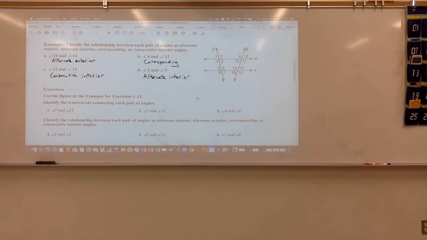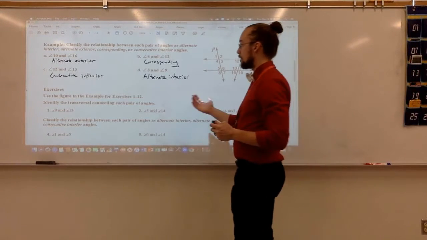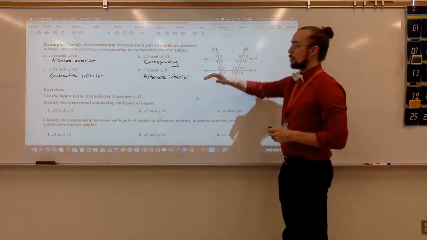So did we get alternate exterior, corresponding, consecutive interior, and then alternate interior for our relationships here? Questions on those? Okay, so this all comes down to identifying what part of the diagram we're looking at.